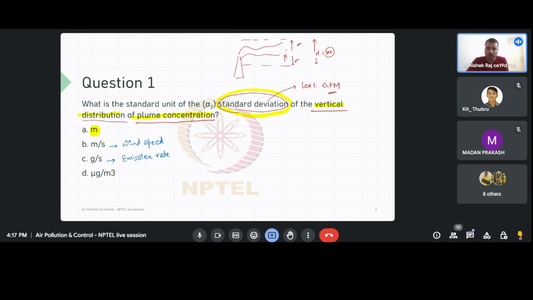And micrograms per meter cube will be the concentration: per unit volume, how much pollutant is there. So this will be for vertical distribution.